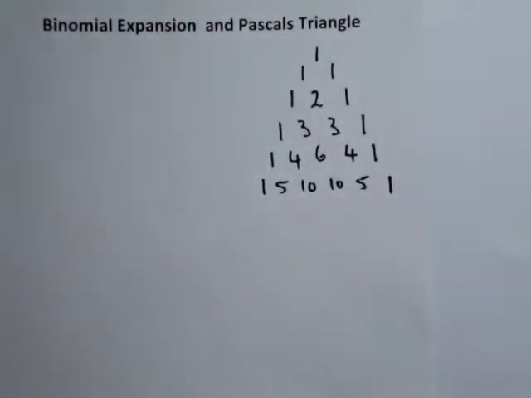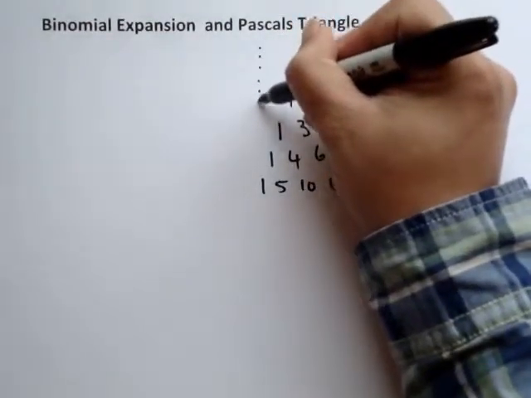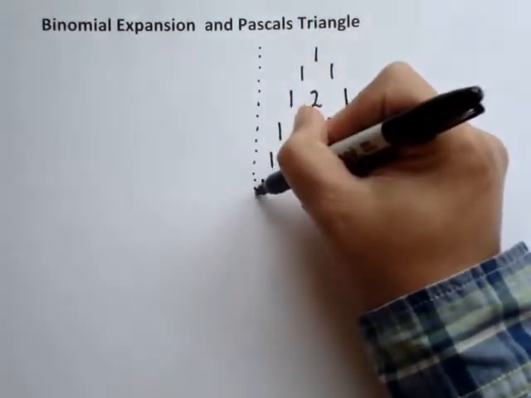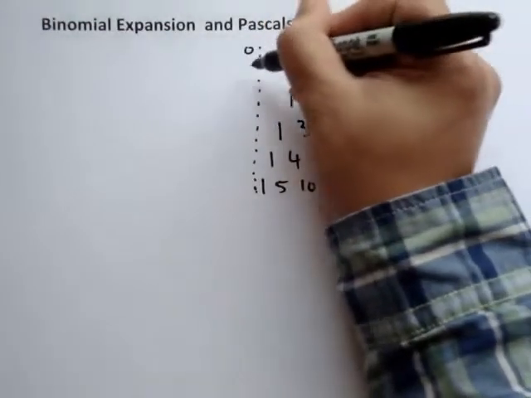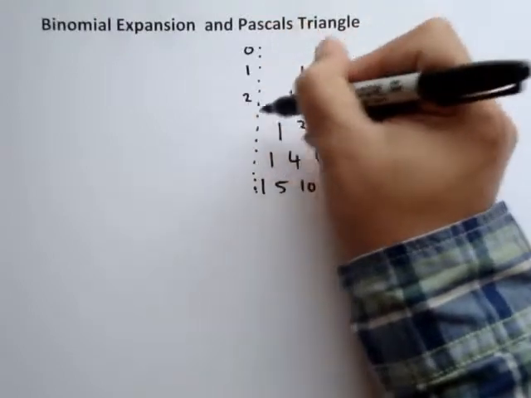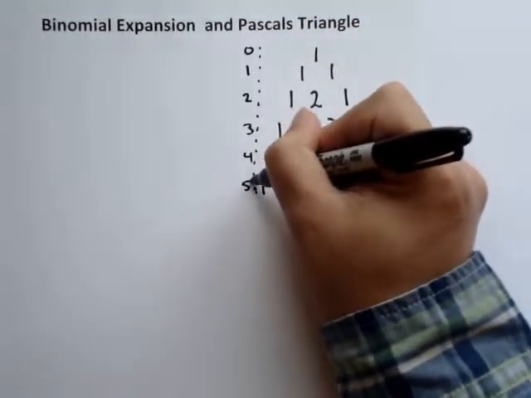So that's Pascal's triangle, and along the side we put which step it belongs to. So this would be 0, 1, 2, 3, 4, 5.